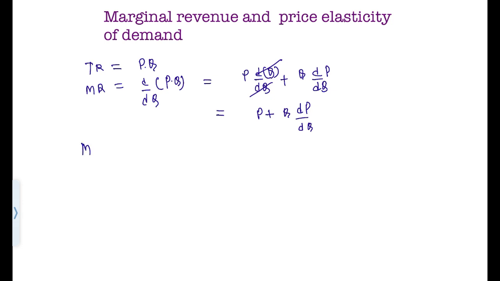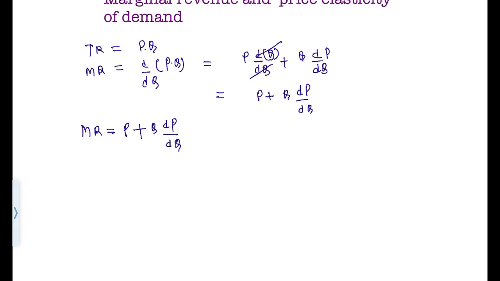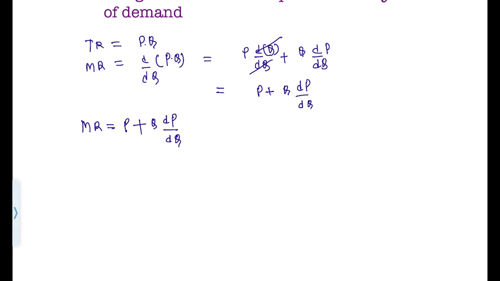So marginal revenue equals P plus Q dP upon dQ. Now let's proceed. Taking P as common, marginal revenue is P times one plus Q upon P times dP upon dQ.